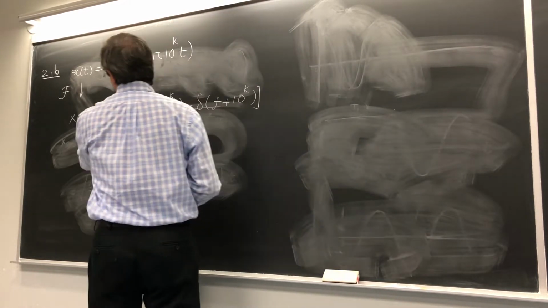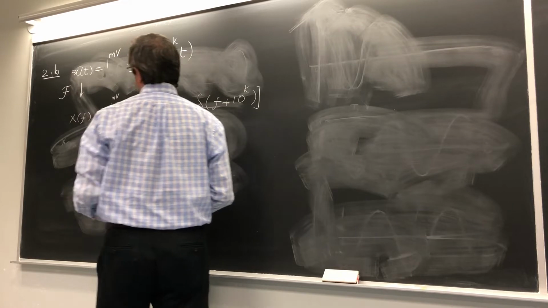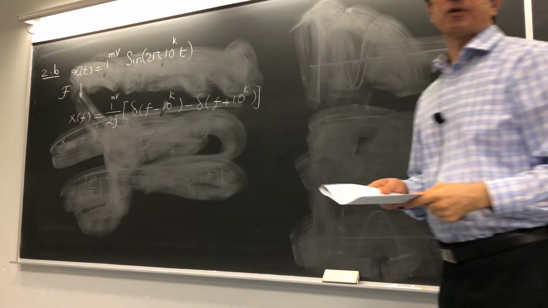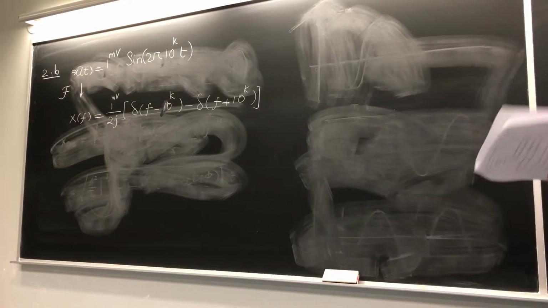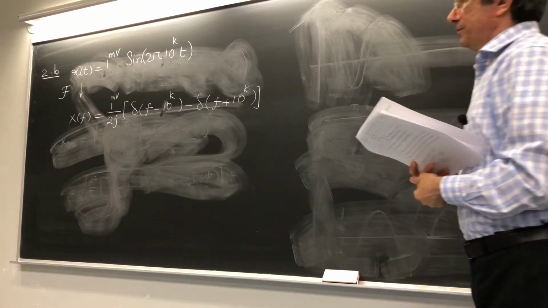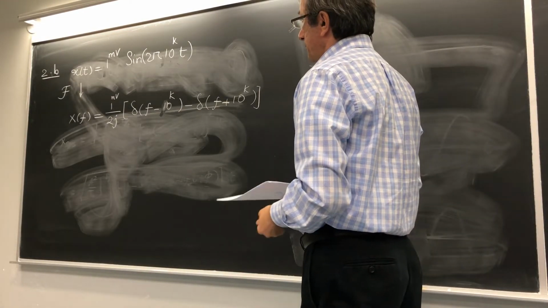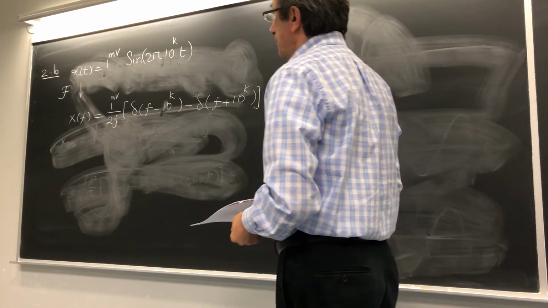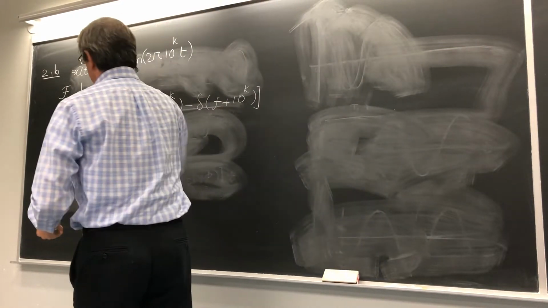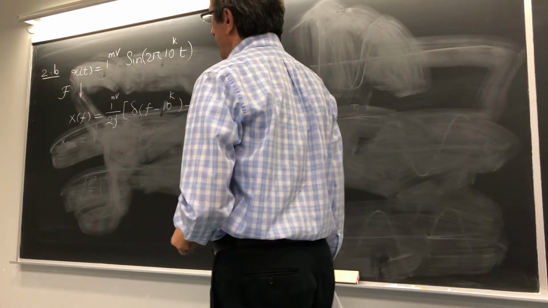Now this 1 is indeed 1 millivolt. This comes from Fourier pairs tables that are available to everyone. So this is x of f.